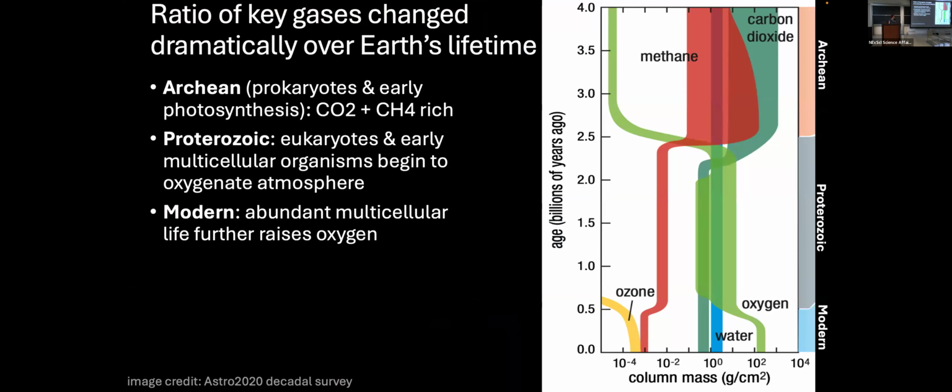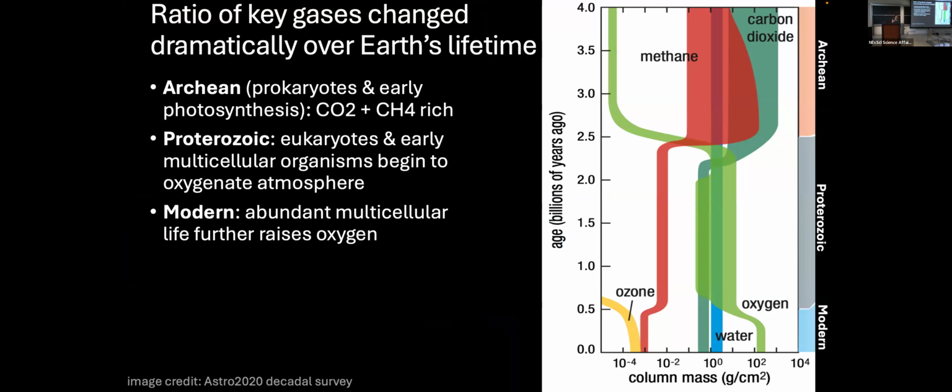HWO aims, we hope, to be able to find life not just like modern Earth, but perhaps like existed on Earth earlier in its life cycle. And again, you saw this this morning, that the Earth's own atmosphere has evolved significantly over the last few billion years.